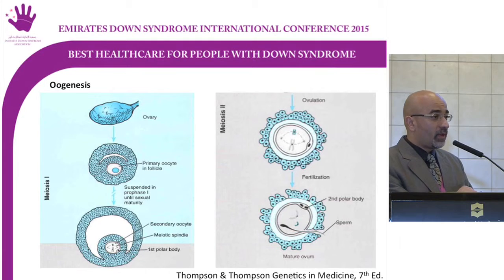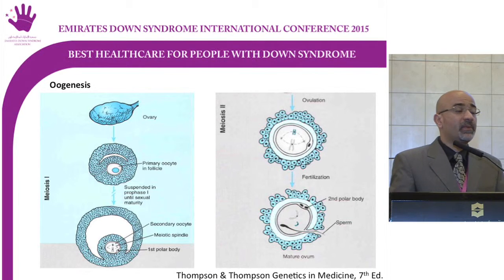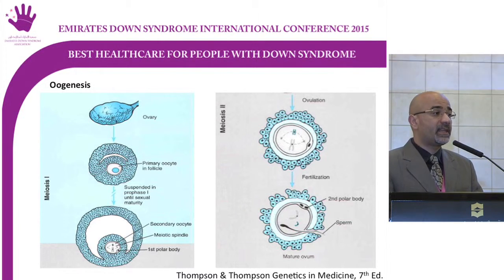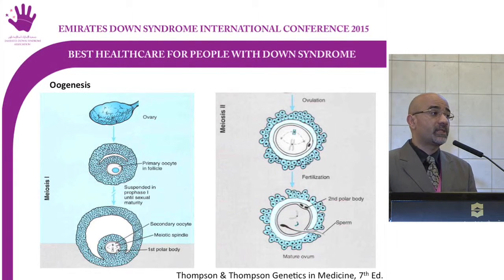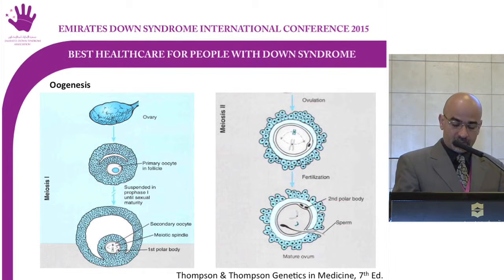When ovulation takes place, the first meiosis will continue, and we will get the secondary oocyte, and then meiosis 2 will start but will not finish unless the egg is fertilized. So the important part here is that the cell is arrested in prophase 1 for many years. Some cells will be arrested for 20, 30, 40 years until the time of ovulation, and this has a very important clinical implication.